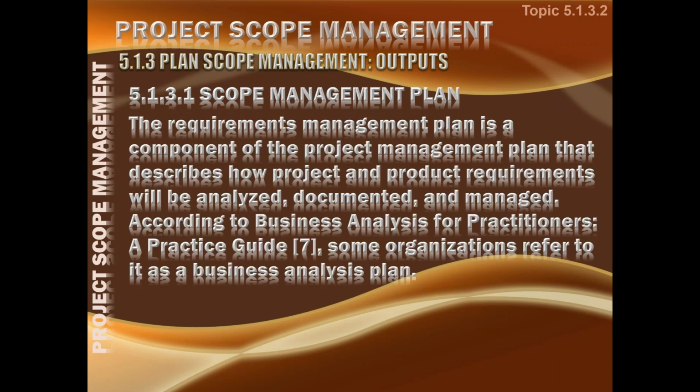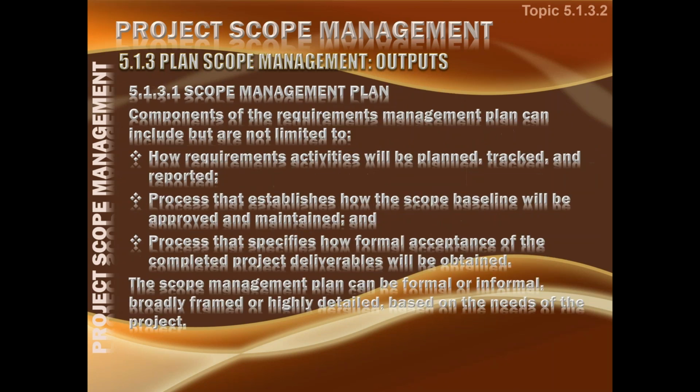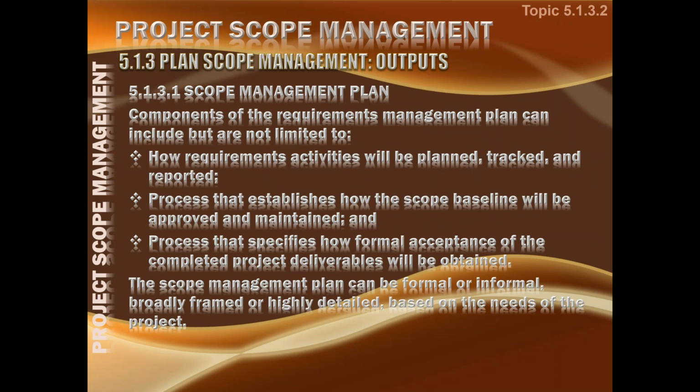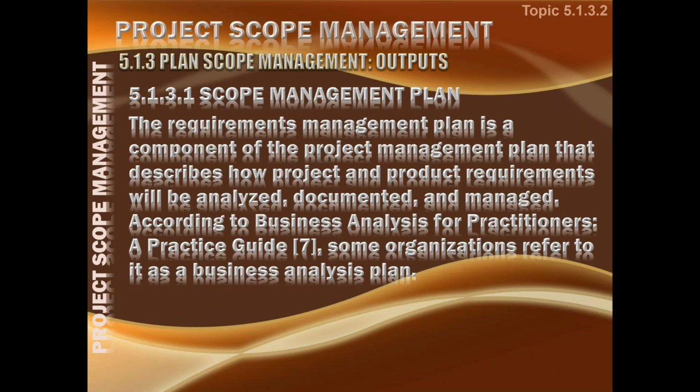And as we already talked about the scope management plan, the requirement management plan is wrongly written as... okay, let me see. Okay. The requirement management plan is a component of the project management plan that describes how the project and product requirements will be analyzed, documented, and managed.